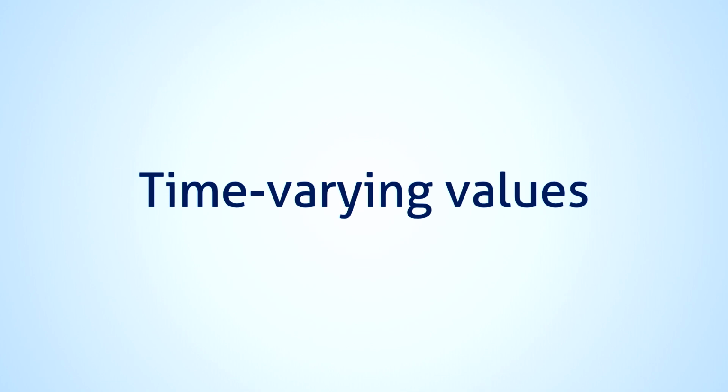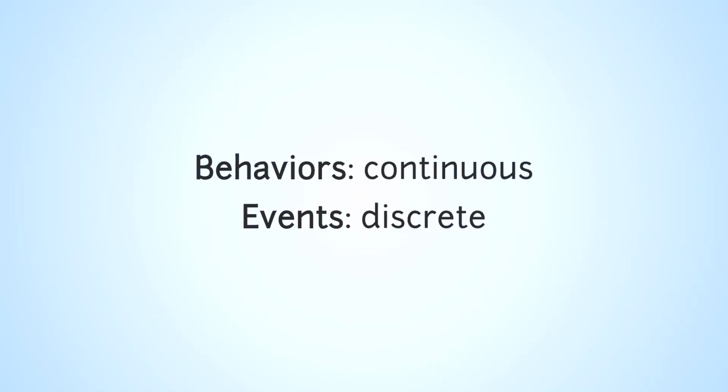So in our code, we're going to have a value that doesn't just represent, let's say, a 1 or a 2, but it represents a number that can change over time. And the way we do this in a classical FRP is with 2 specific kinds of abstractions. We have behaviors, and a behavior of an int, for example, represents an int that can continuously change over time.